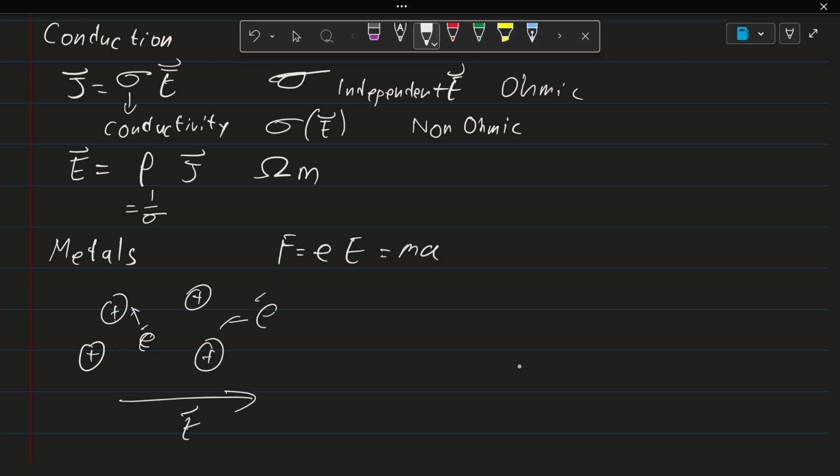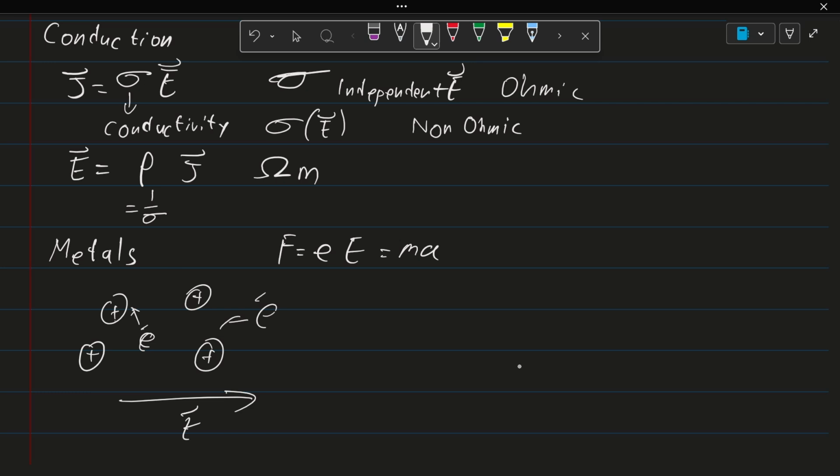That means that the charge itself is accelerating. And if there's no other force counteracting this acceleration, its velocity is going to go towards infinity. So there has to be something that's blocking its maximum velocity.